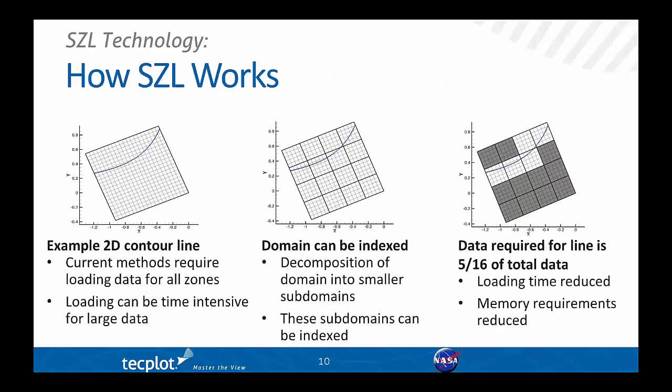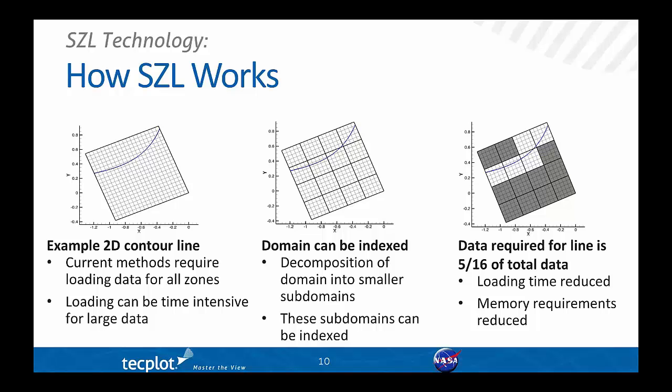Here it is. We don't do it for 2D grids at this point, but it's easier to see in a 2D grid. On the left you have a 2D grid and there's a contour line going through it. You divide that grid up into subzones, in this case 16 pieces, and then you index that grid so that you keep a tree of the min-max values for all the variables in those subzones.